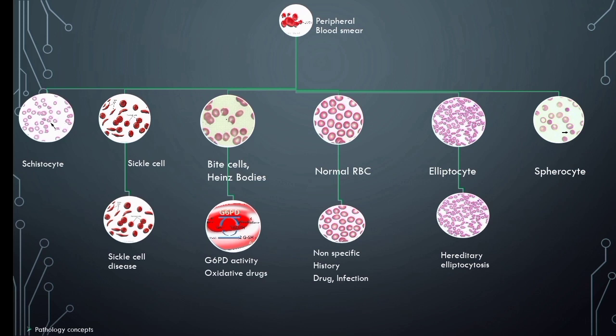If you find elliptocytes on the smear, it may suggest hereditary elliptocytosis. In the peripheral blood smear, almost 15% to 100% of the RBCs are elliptocytes in hereditary elliptocytosis. It is an inherited heterogeneous RBC disorder characterized by elongated oval or elliptical shaped RBCs on the peripheral blood smear.